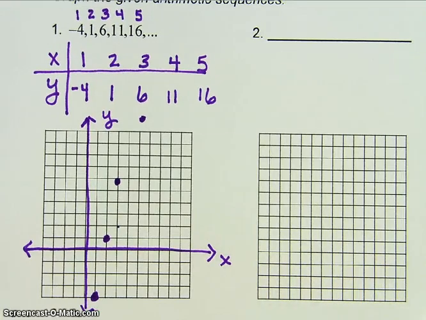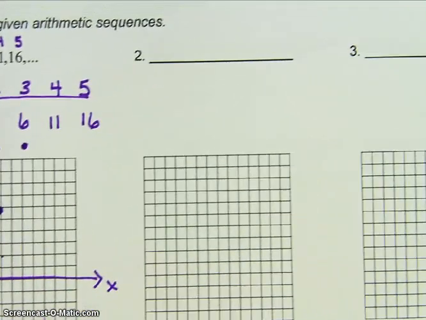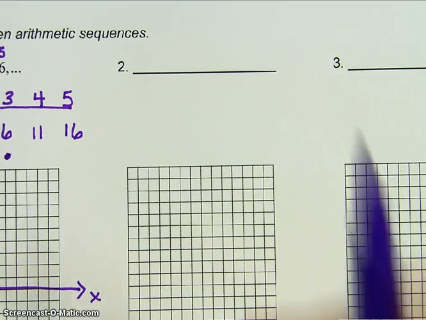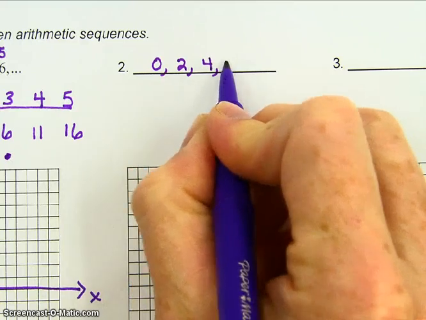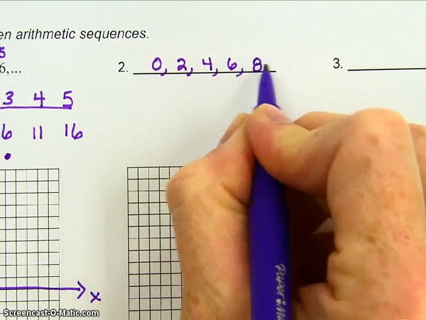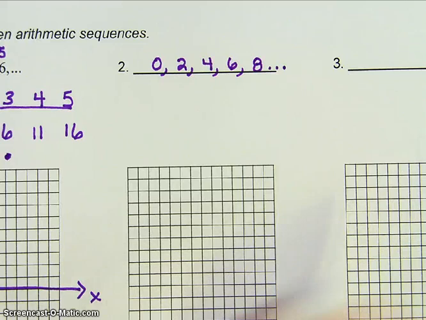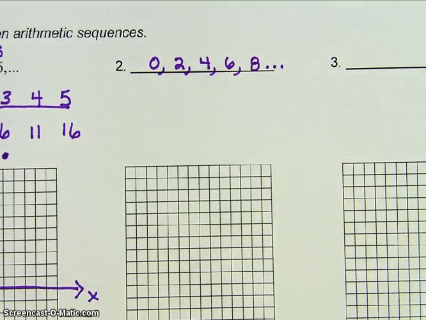Okay, let's go over to number 2. Okay, here is the sequence. 0, 2, 4, 6, 8, dot, dot, dot. First thing, is this an arithmetic sequence? Yes, because the pattern is add 2 every time.